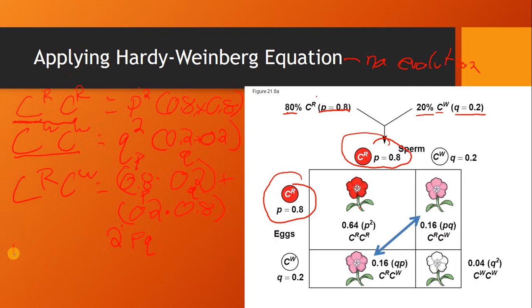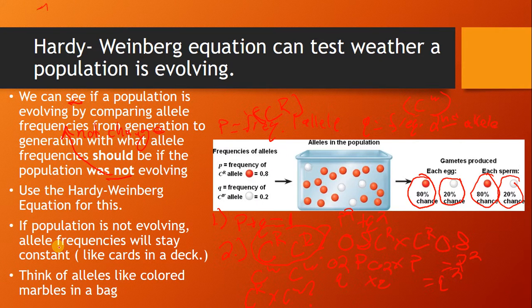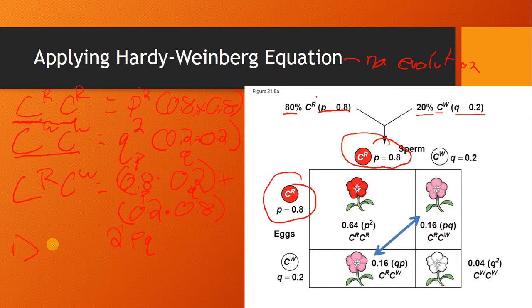So we can write this as the Hardy-Weinberg equation. There are 2 equations. One we saw back here, that P plus Q equals 1.